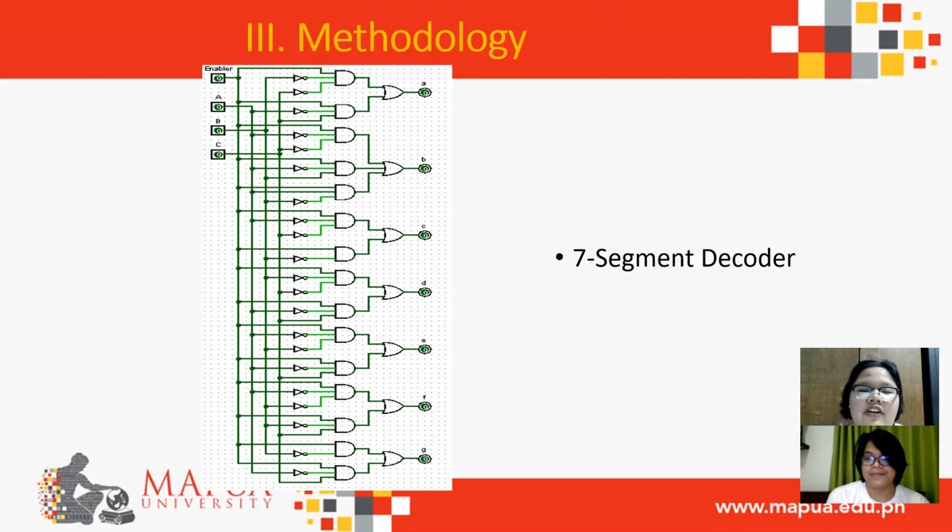Next. For our 7-segment decoder, we have used 4 inputs, which are the enabler and A, B, and C. This is to be used for our 7-segment display. A, B, C, D, E, F, and G are the pins for the 7-segment display.